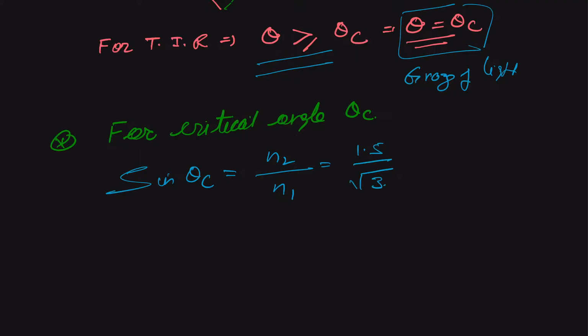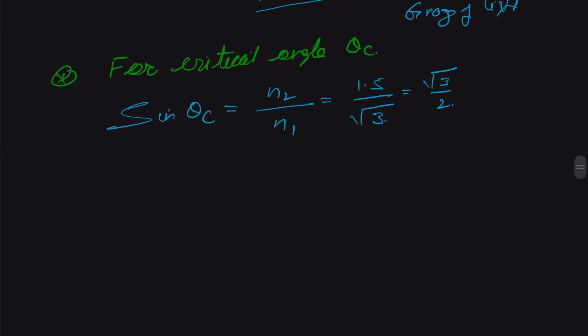This comes as square root of 3 by 2, and therefore we can say that our critical angle will be equal to 60 degrees.